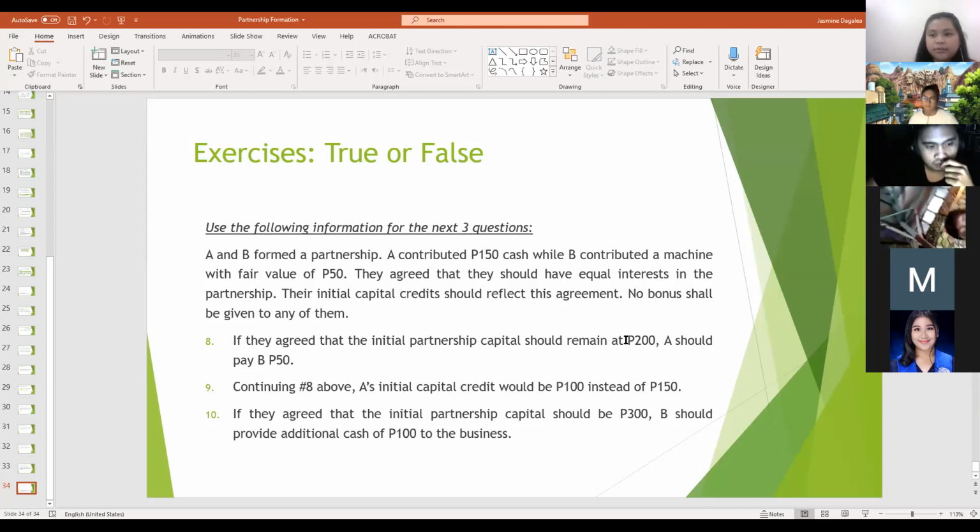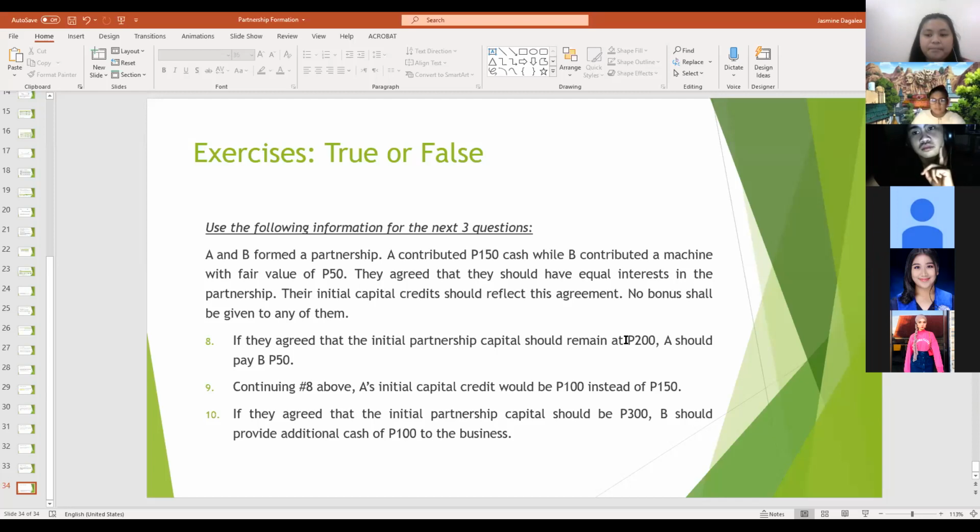Continuing the item above, A's initial capital credit would be 100 instead of 150. True or false?